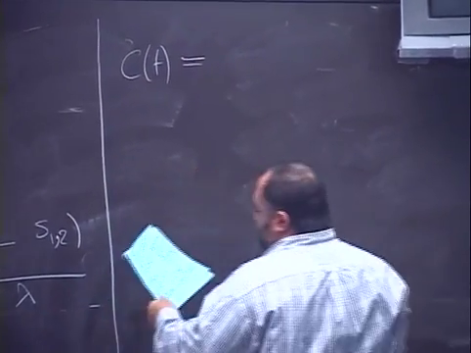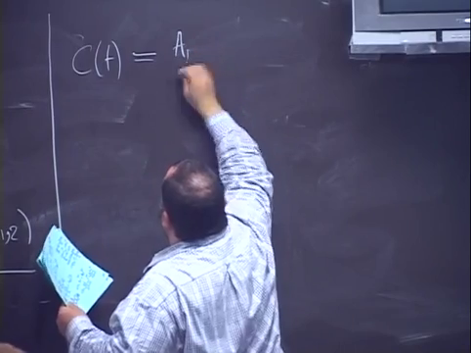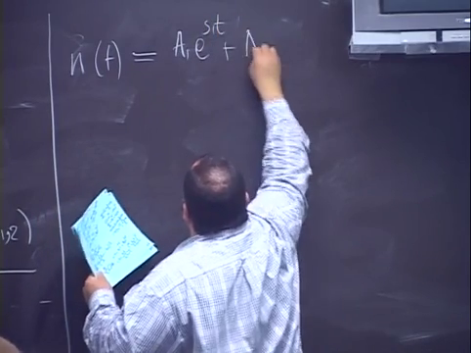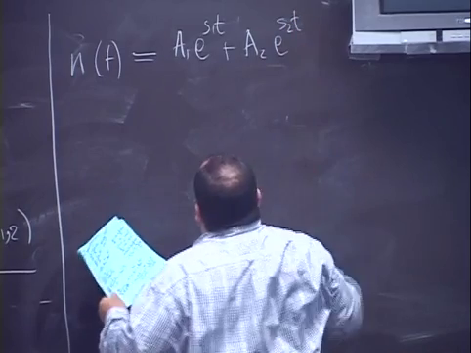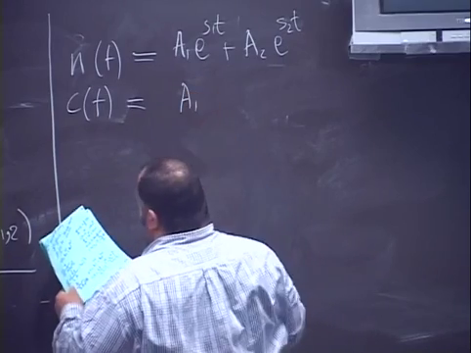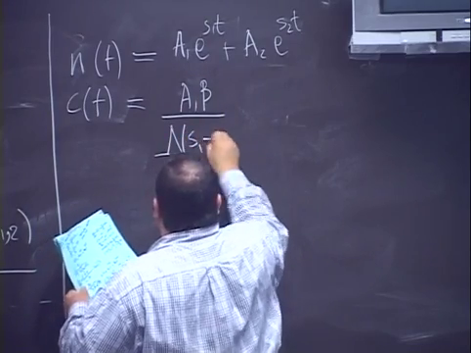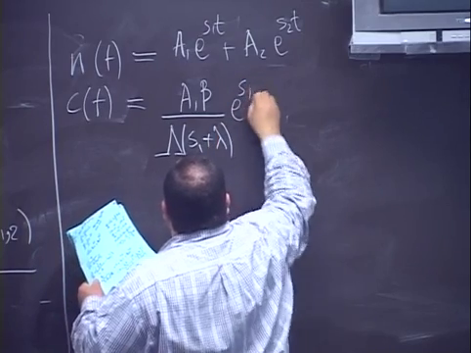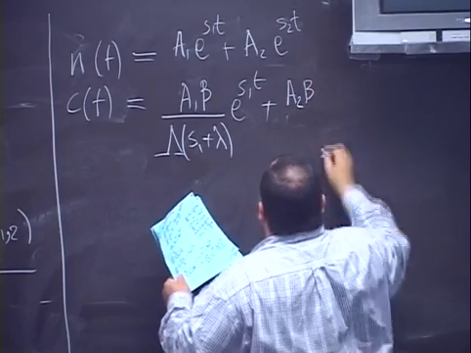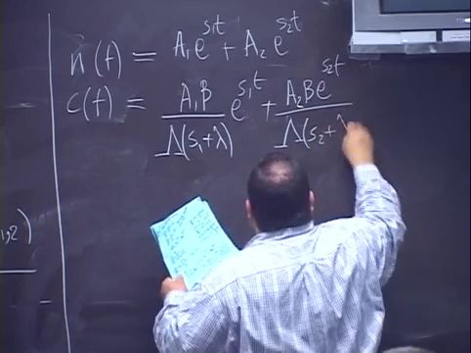So you can express the delayed neutron precursor concentration as follows. n of t is A1 e to the power of S1t plus A2 e to the power of S2t, and C of t will be just A1 multiplied by beta divided by gamma S1 plus lambda e to the power of S1t, and A2 multiplied by beta e to the power of S2t divided by gamma S2 plus lambda.